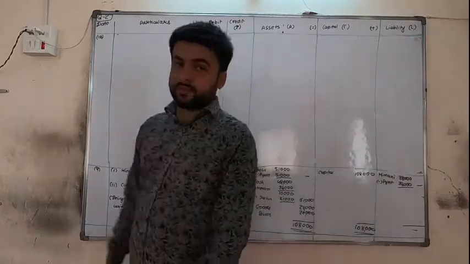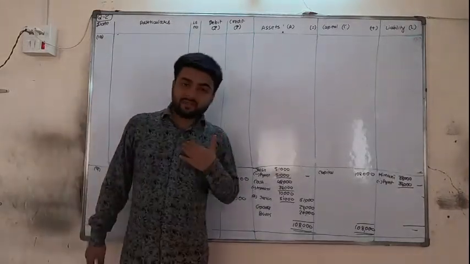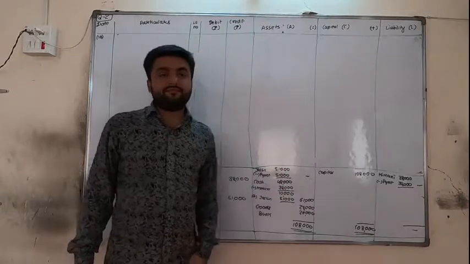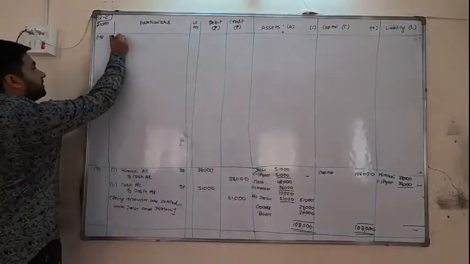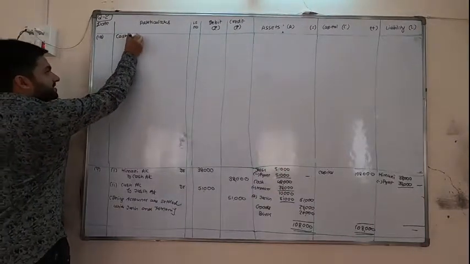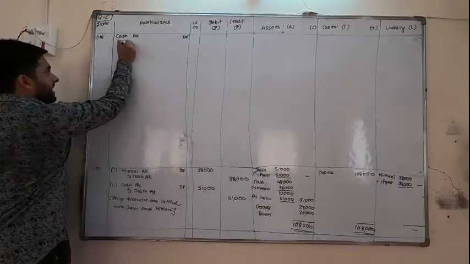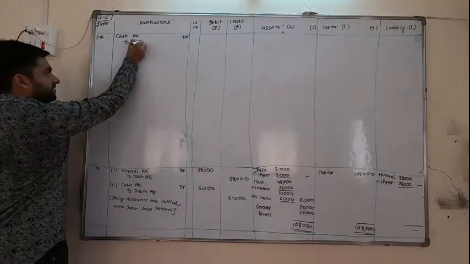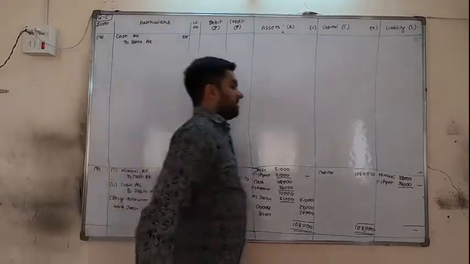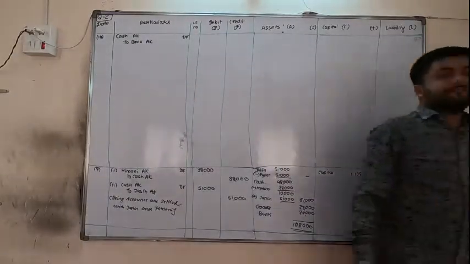We are withdrawing from the bank. So cash is coming in, bank is the giver. So cash is coming in, so cash account debit. Bank is the giver, bank account credit. Amount I think 5,000. Yeah, 5,000.